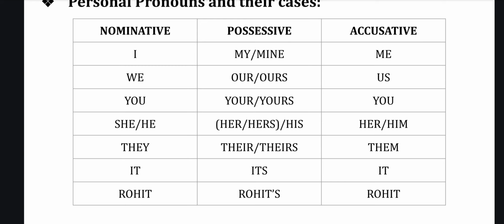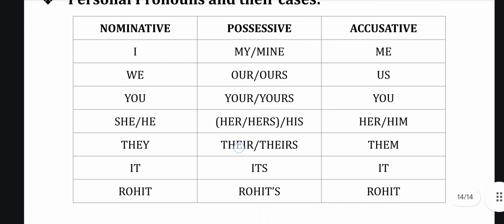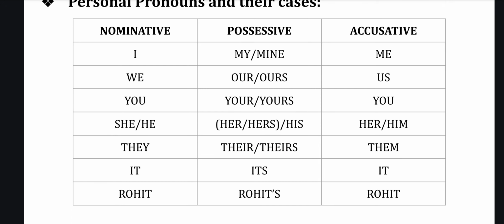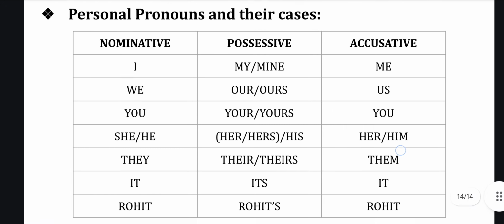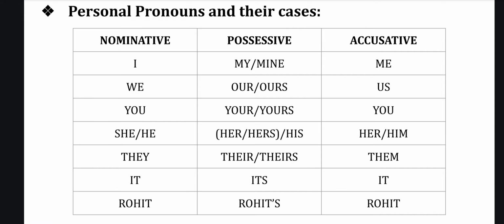Okay, these are the possessive pronouns in the middle, and on the left side you can see the nominative, which is used as a subject of a sentence, and in the right side you can see the column of the accusatives. That means they are used in the object position of the sentence.